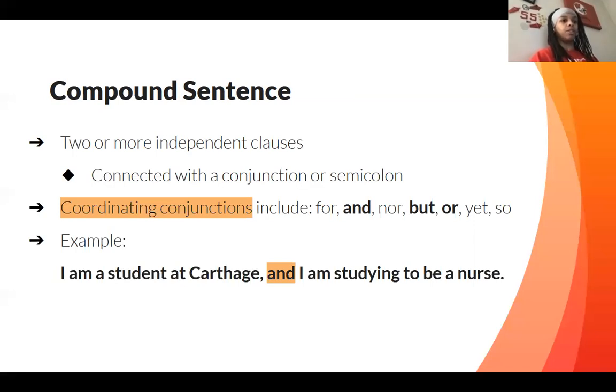Each of these can hold as a sentence on their own. I am a student at Carthage can be a sentence, and I am studying to be a nurse can be a sentence. But what makes it a compound sentence is the coordinating conjunction, as you see highlighted there, the comma, and that allows you to put both together.